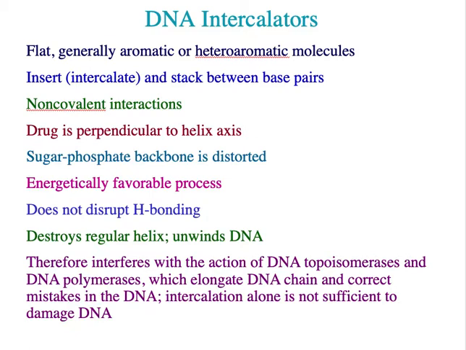When they mess up the topoisomerases, that means the DNA isn't properly wound, and this can lead to apoptosis, among other things. They mess up the DNA polymerase, so this is how the cells replicate, and this is how the DNA chain is elongated, so more DNA basically can't get made, and that can lead to apoptosis or just eventual cell death as well.